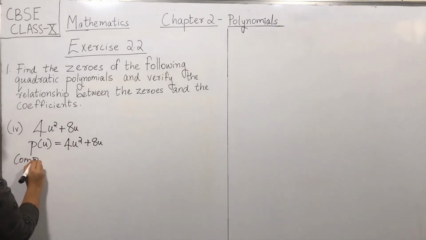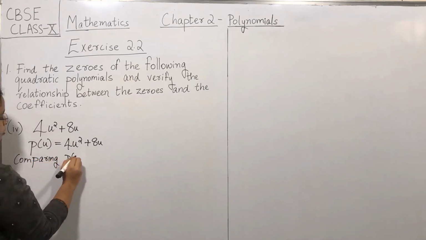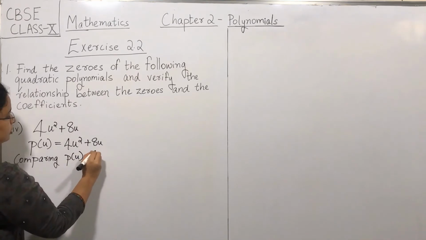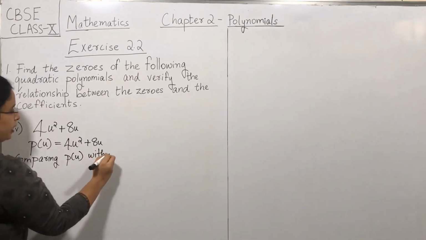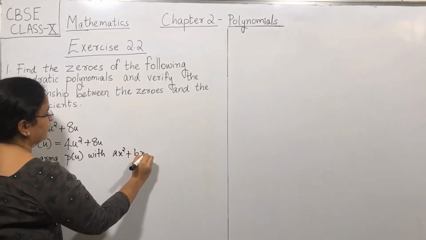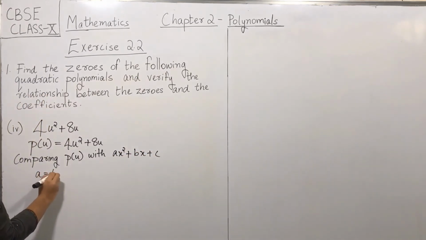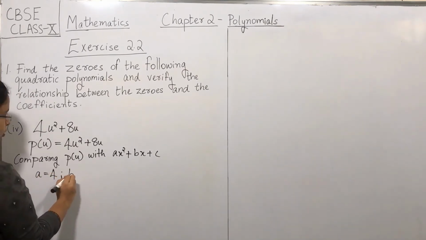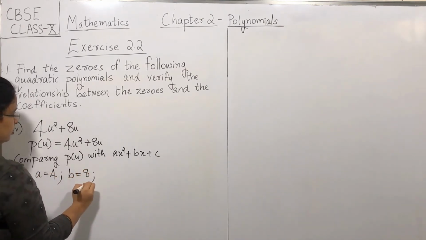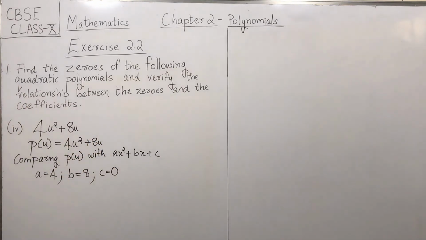Comparing p of u with ax square plus bx plus c, a equals 4, b equals 8, c equals 0, because there is no constant term.